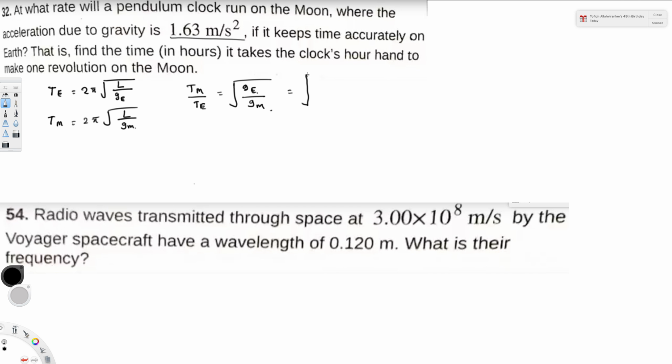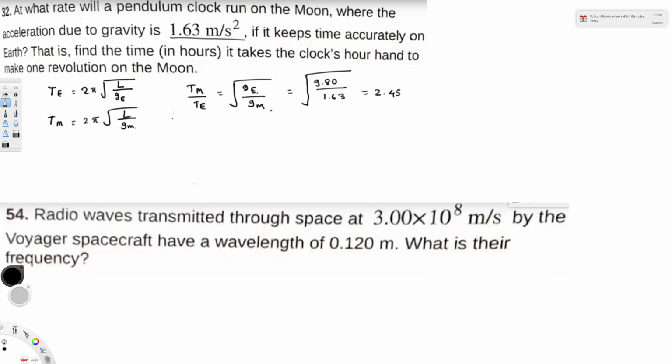So let's do this. This is going to be 9.80 divided by 1.63, and if you find the value, that gives us 2.45. That is the ratio. And then they are asking to find the time it takes the clock's hour hand to make one revolution.